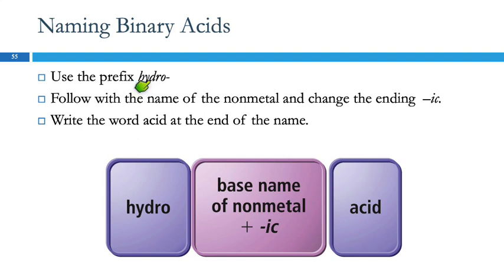We're going to use the prefix hydro to represent the hydrogen. And then we're going to look at the nonmetal and change its ending to ic, and then add the word acid at the end. So hydro, the element name with the ending changed to ic, acid.